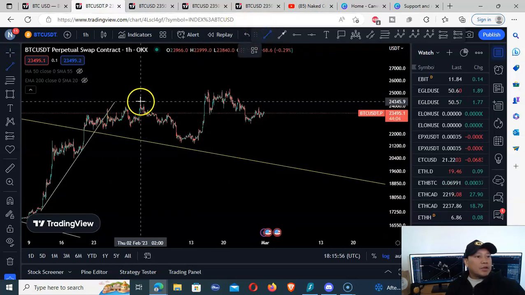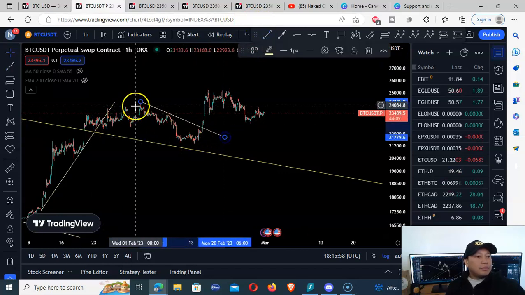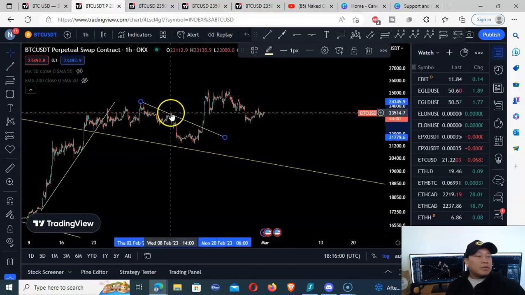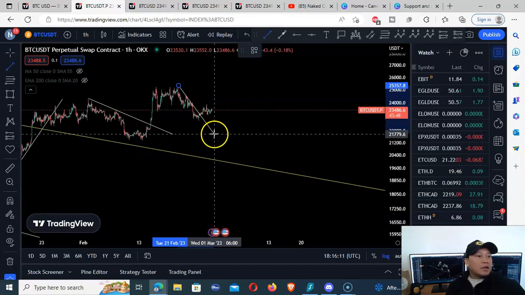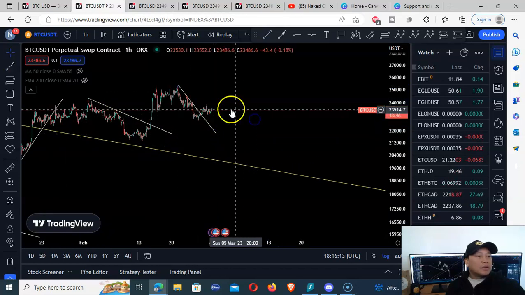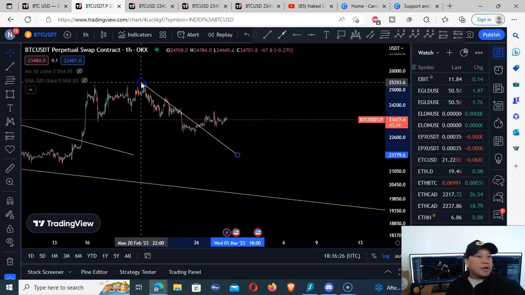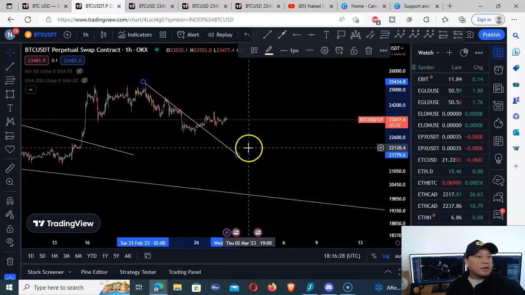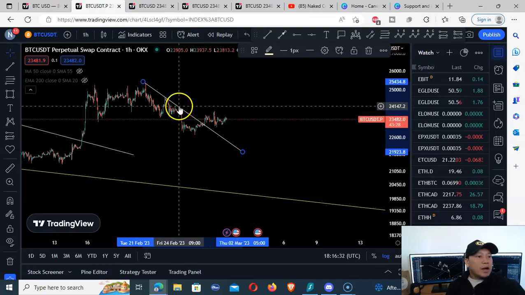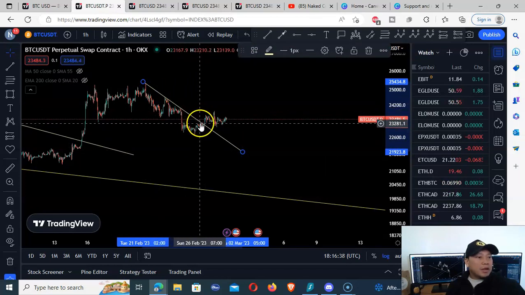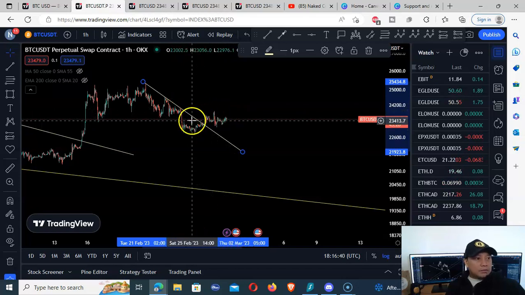Another example here is this one, from higher high to higher low, and the price went up here. And another thing here, from higher high, higher low, higher low, higher low, and now the price goes up.